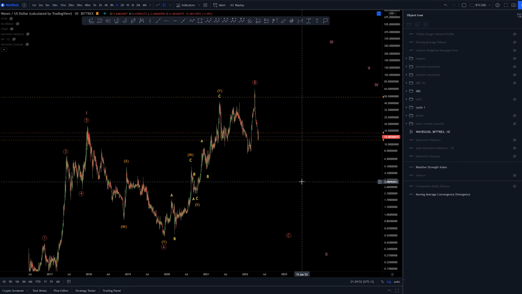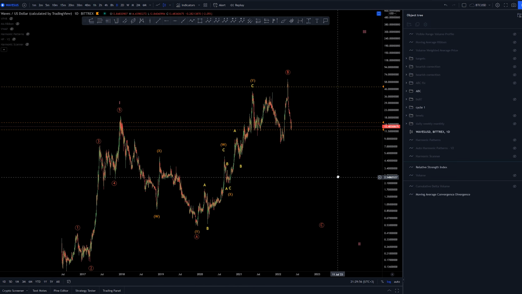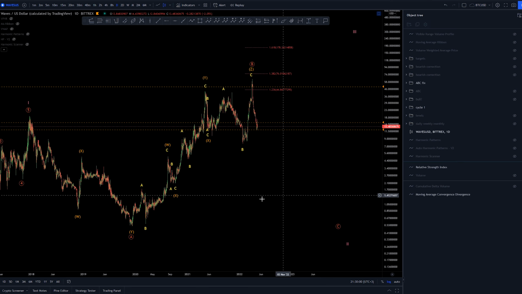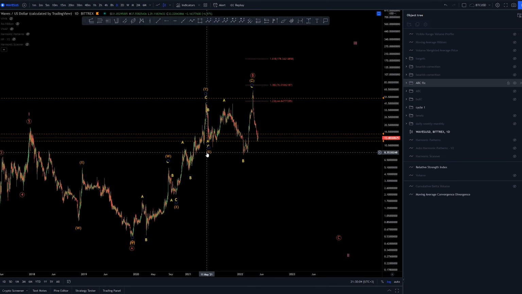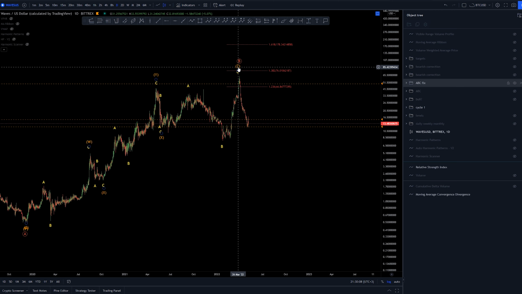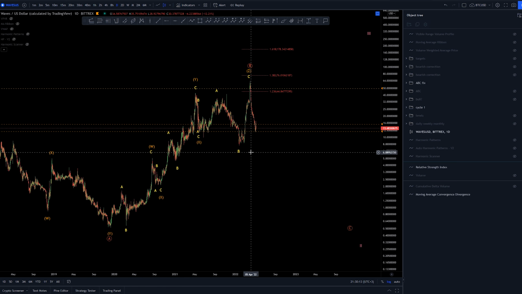So how do we fix this? The structure is already looking quite bad, as it is so impulsive looking. So here's the fix. Instead of WXY, we are adding another ABC down here and another ABC to the Z wave. And yeah, it definitely doesn't look good.